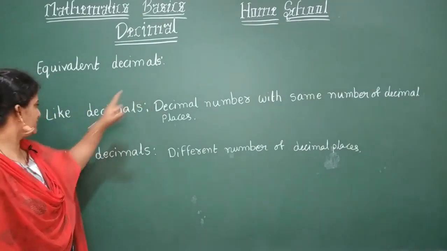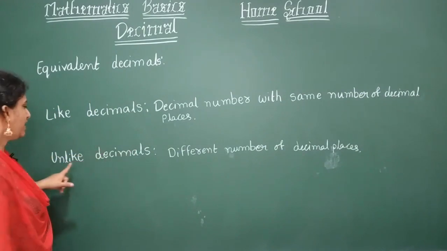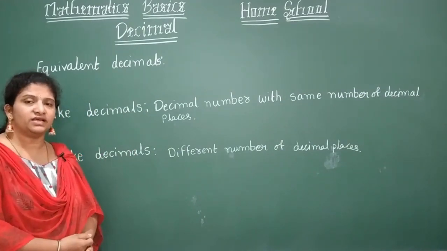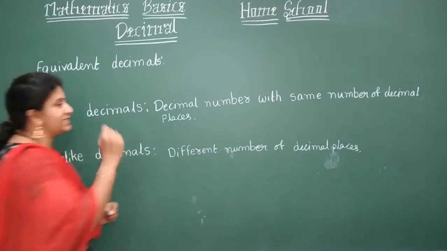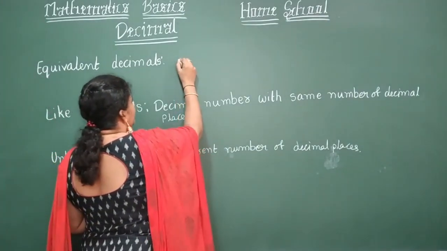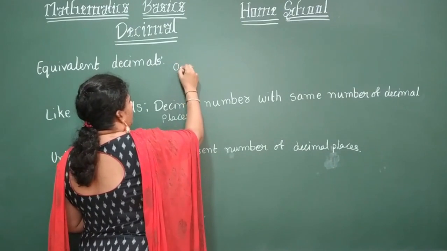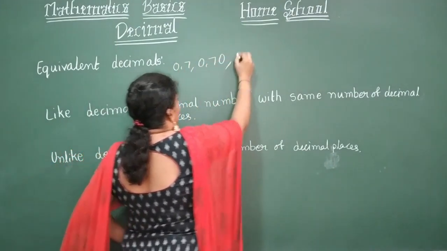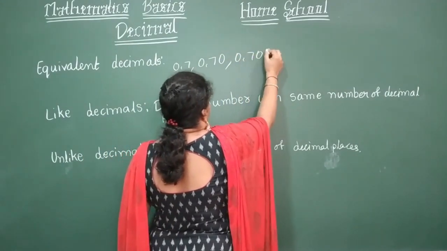Equivalent decimals, like decimals, unlike decimals. What are equivalent decimals? Let me show you an example. Suppose 0.7, 0.70, 0.700.